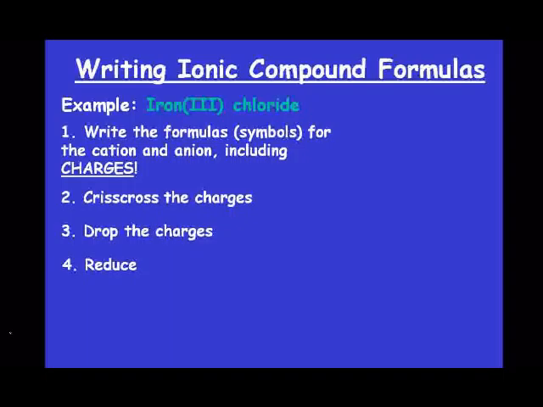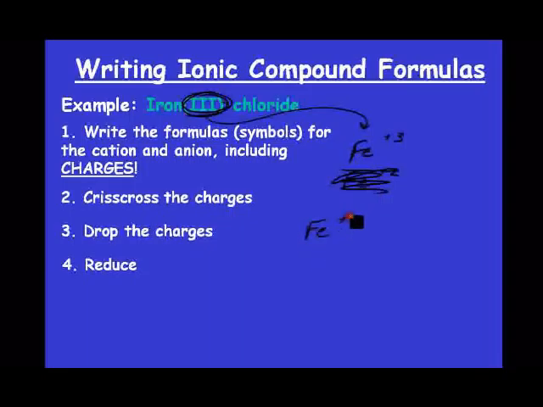So, iron 3 chloride. When we write the formulas, including the charges, iron, according to the back of our periodic table, can be Fe plus 3 or Fe plus 2. The one that we use, because of the Roman numerals, is Fe plus 3.